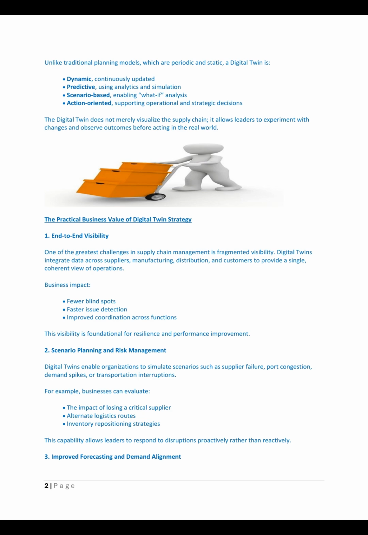It uses analytics and simulation to be predictive, enabling scenario-based what-if analysis. This approach supports both operational and strategic decision-making. Rather than just showing a static image of the supply chain, a digital twin allows leaders to test changes and observe their effects before implementing them in the real world.